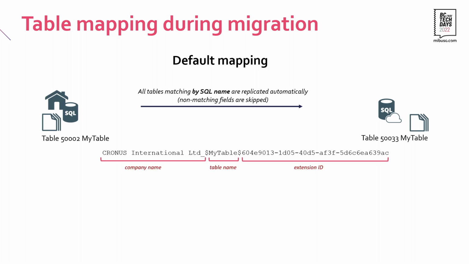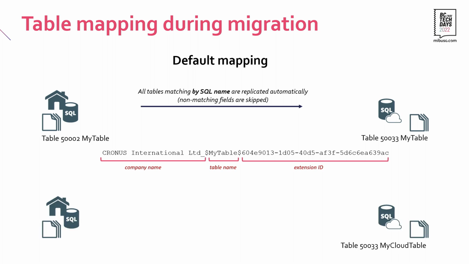We look at the SQL names, which is usually the company name, the table name, and the extension ID. If there is a full match, the data is copied, apart from the extra fields, as Nikola just mentioned. If you added some fields that are in the on-premise but not in the cloud, we will silently ignore them. Nothing happens, no errors, no warnings, but they're just not there.